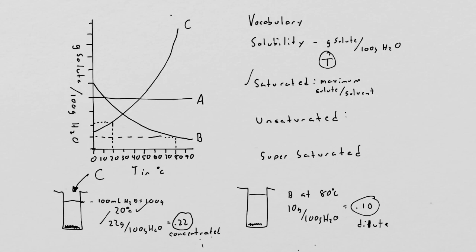So you're not adding the maximum amount of solute that could dissolve at that particular temperature. So unsaturated means less than maximum solute per solvent. Keep using per for the slash because it's a numerator over a denominator.